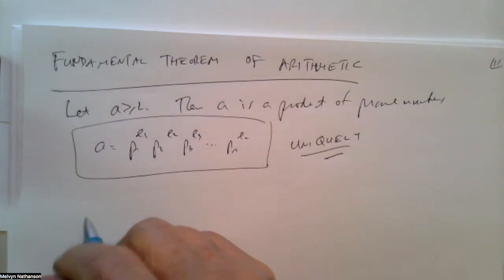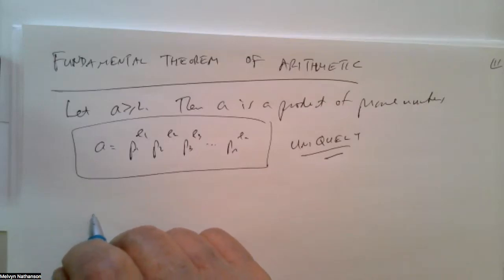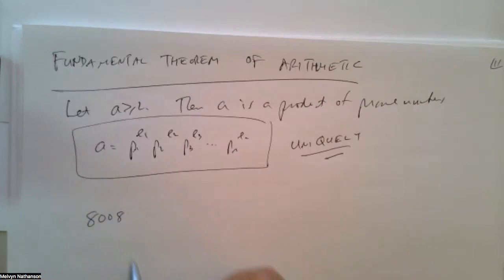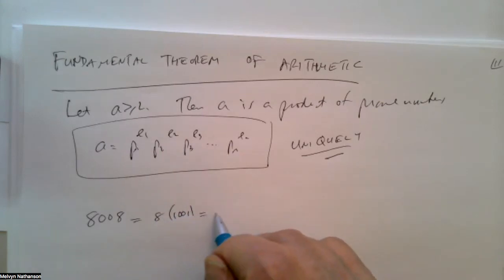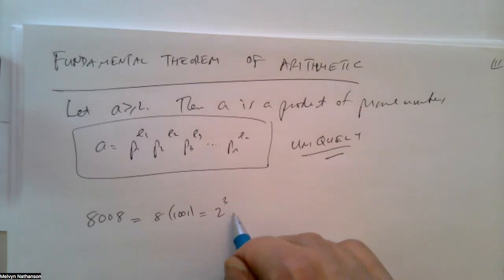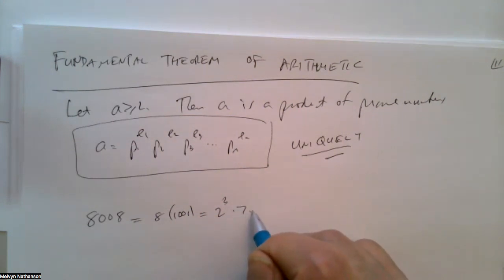So if you take a number like, I don't know, 8,008, that's 8 times 1,001. 8 is 2 cubed. 1,001, I think, is divisible by 7, 11.